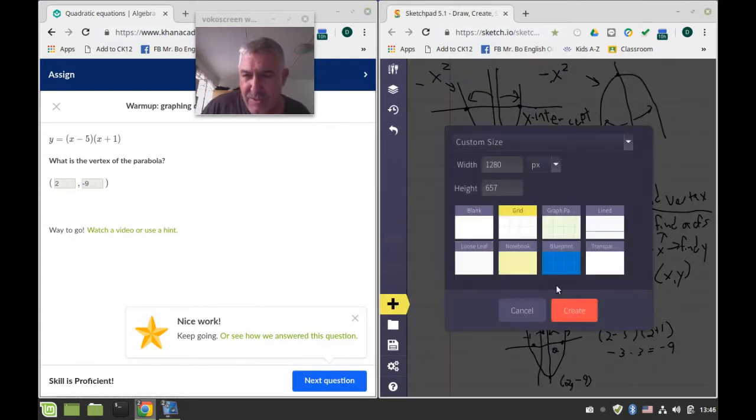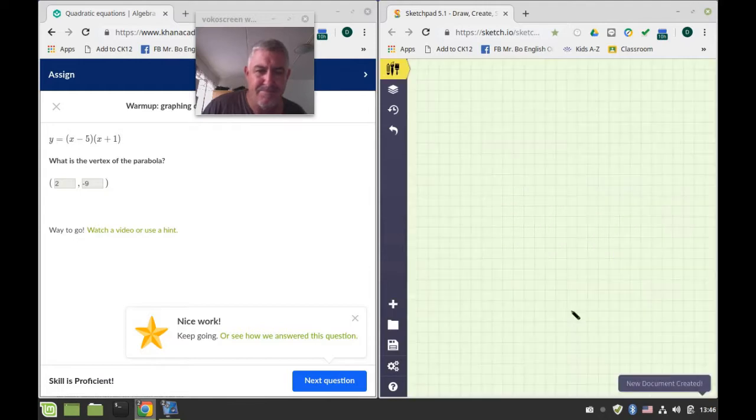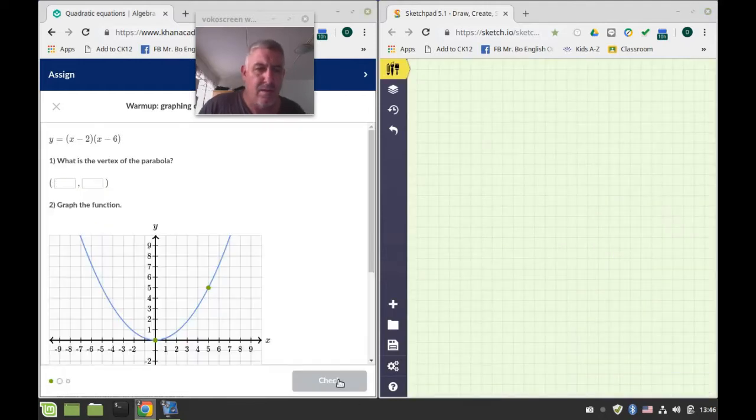Alright, I'm going to switch to graph paper here. So our next question, let's look at the question carefully. What is the vertex of the parabola? It's the same question, but we've got two parts, and we're going to graph. So what are our steps for finding the vertex? Step number 1, find the axis of symmetry.